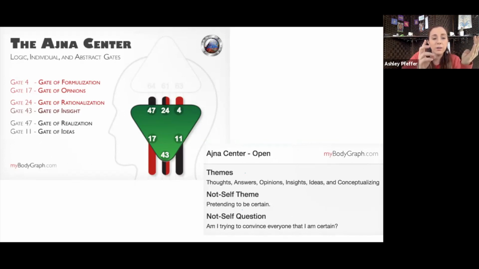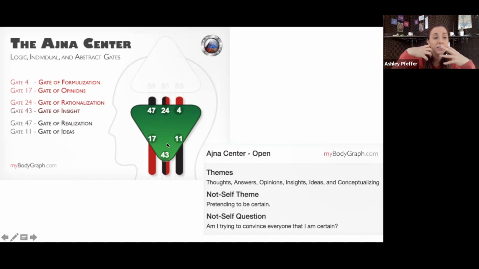You are realizing and having ideas and then understanding how to articulate those ideas. And even if you don't have this defined, sometimes you'll have these gates, right? And especially if you have the gate of realization, so 43, right? That one is deafness, insight, epiphany. And if you have it open here, guess what?